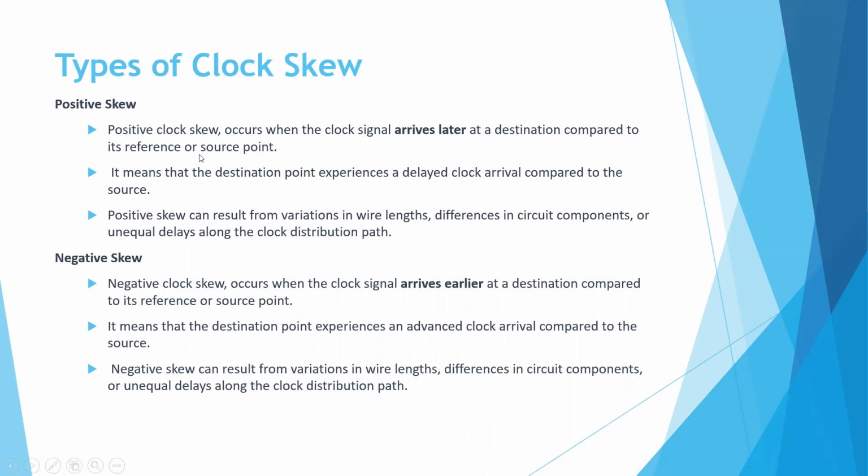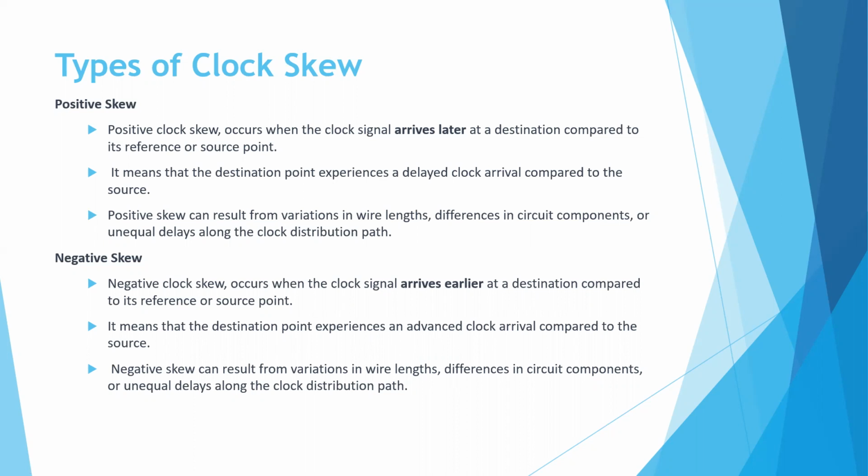So the clock signal is arriving later. It is late. So that is called positive skew. But when the clock signal is arriving earlier, then it is called negative skew. So positive skew is nothing but the destination point experiencing a delayed clock arrival. The clock arrives at a delayed time compared to the source.